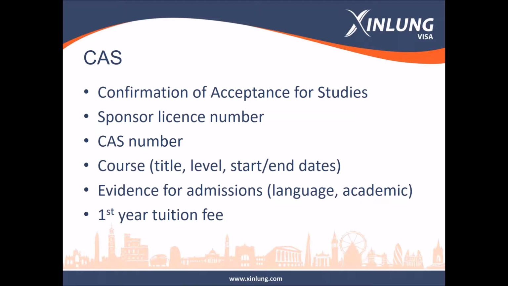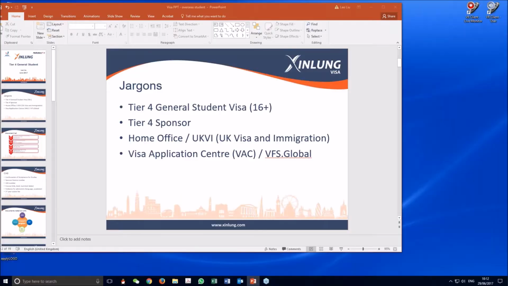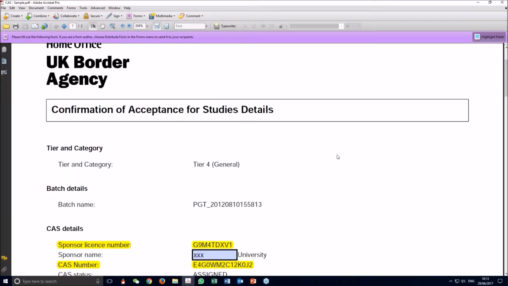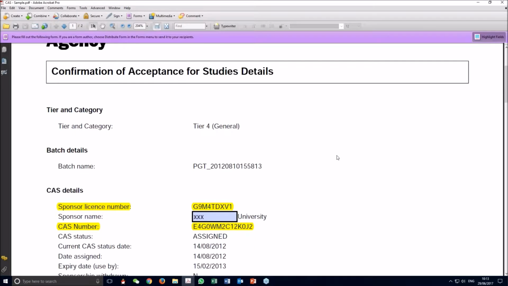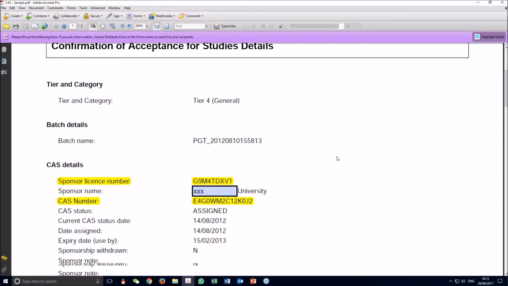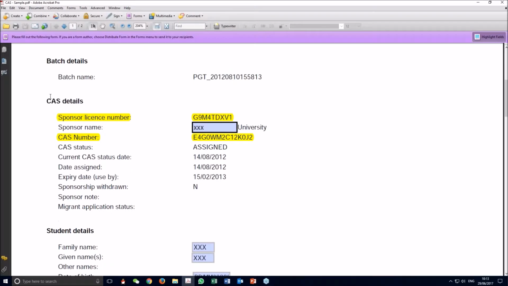Let's have a look at a CAS sample so we have a fairly good idea where things are. This is a CAS issued by a UK university. First of all, in the CAS details, the sponsor license number is listed here. It's a combination of letters and numbers. It is very important because on the online application form, we need to fill in this sponsor license number, so you can always find it on the CAS. And the CAS number is very important.